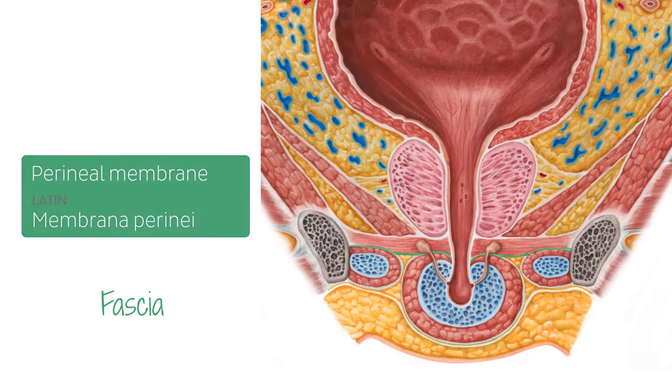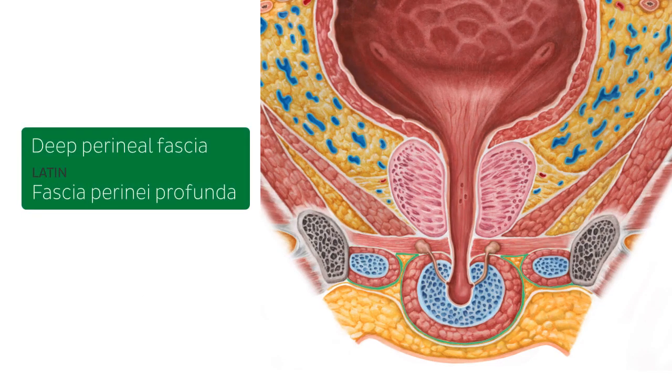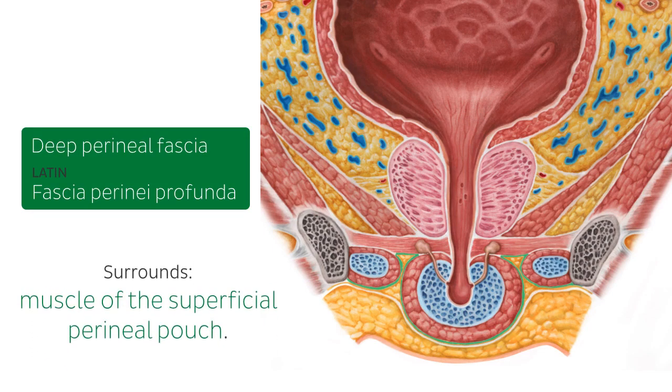Another fascia I would like to highlight here this time is known as the deep perineal fascia. Now, the deep perineal fascia surrounds the muscle of the superficial perineal pouch. It attaches from the ischiopubic ramus to the deep suspensory ligament of the penis and is continuous with the deep fascia of the muscles of the abdominal wall.